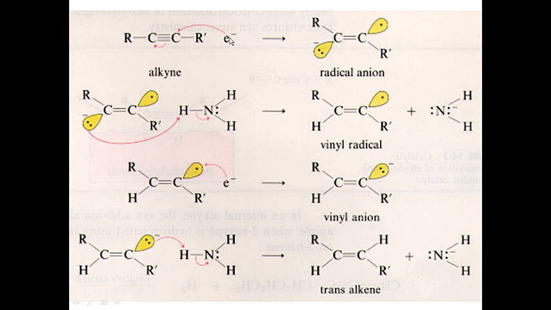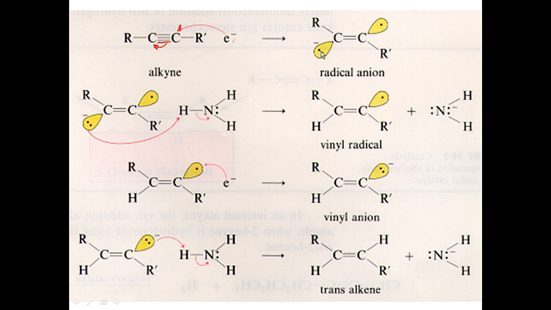That solvated electron adds to the carbon of the triple bond, and when it does so, one of the carbon-carbon pi bonds then moves over to this carbon. So this is a half arrow, and the other one is a full arrow. So when it's all said and done, this carbon has an unpaired electron on it, and the other carbon has a lone pair.